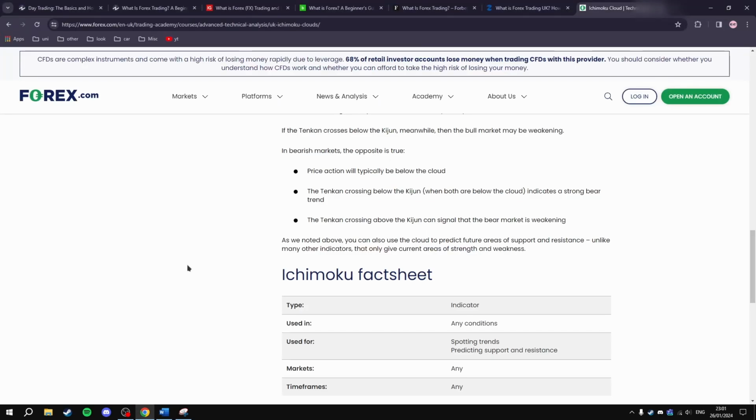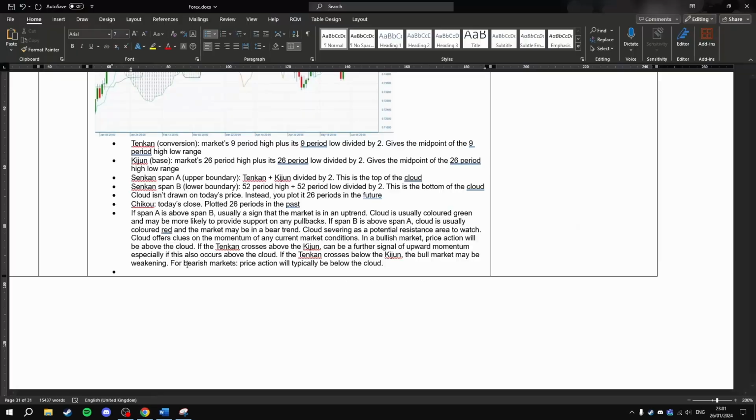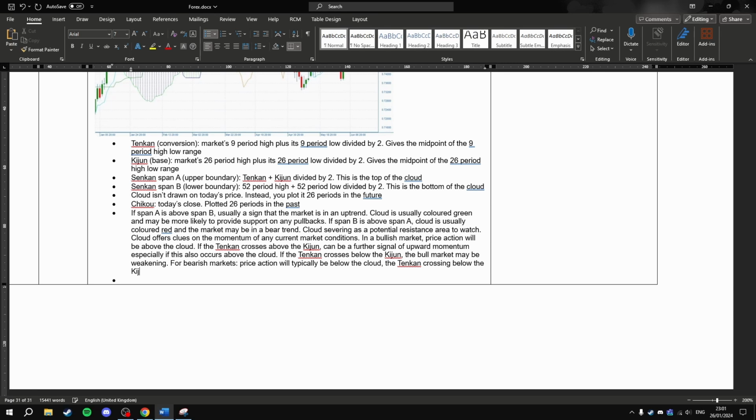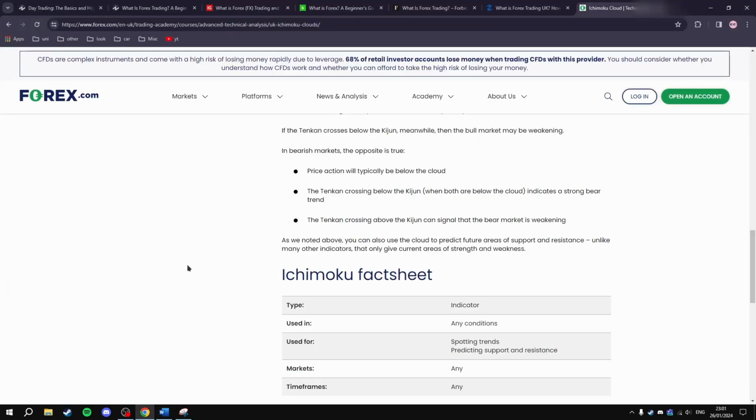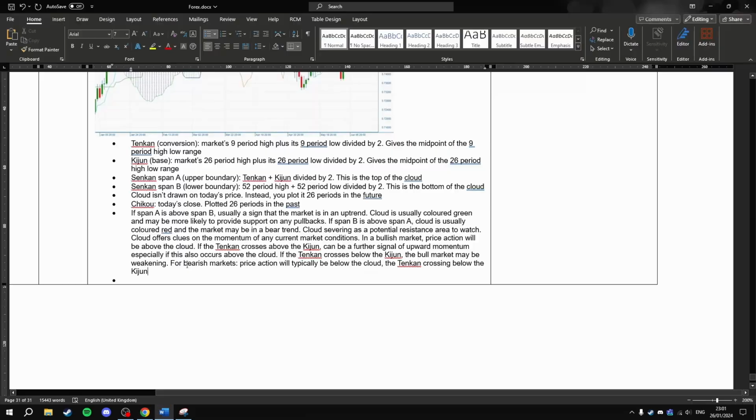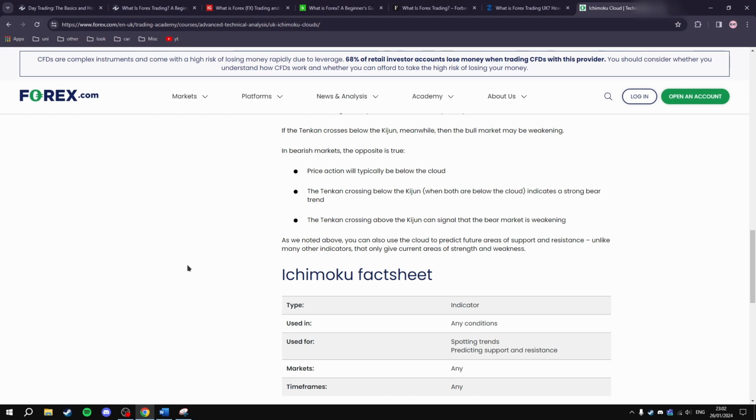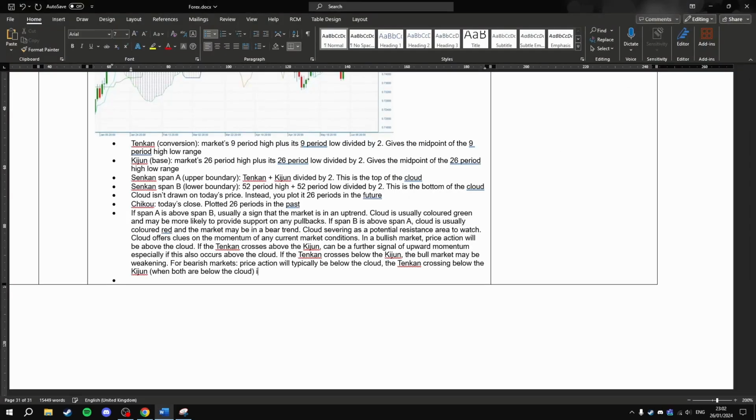The Tenkan crossing below the Kijun when both are below the cloud indicates a strong bear trend.